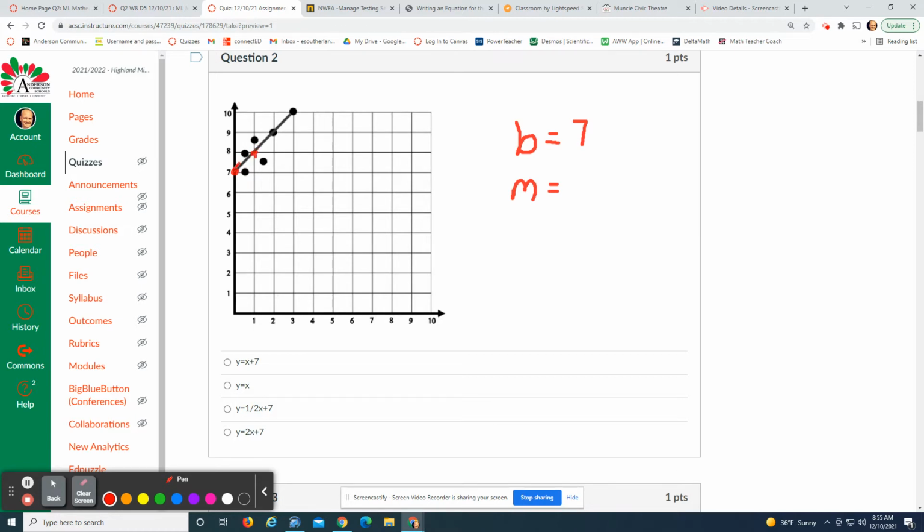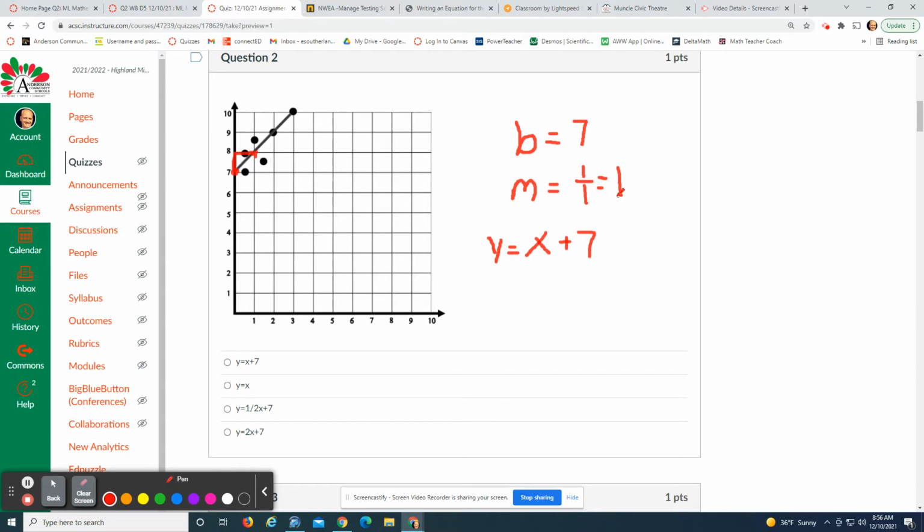How much does it rise? How much does it run? So it should be 1 over 1. Now, is it positive or negative? Positive. When I write this equation, I would write y equals x plus 7, because 1 over 1 reduces to 1.